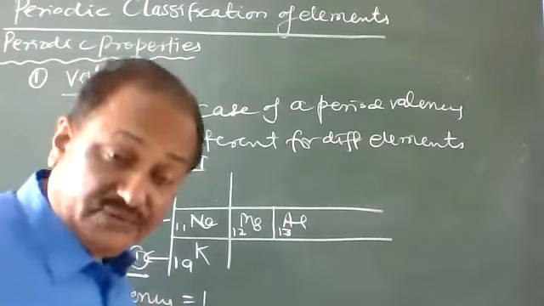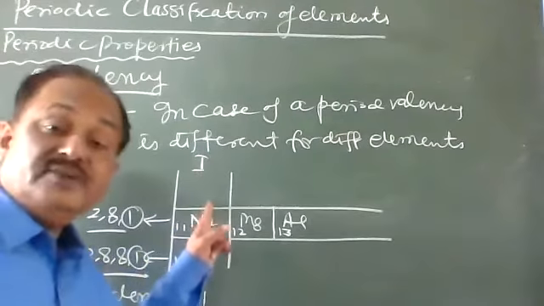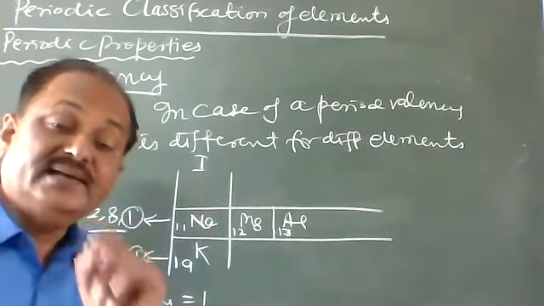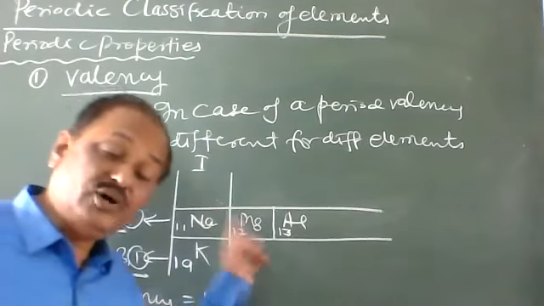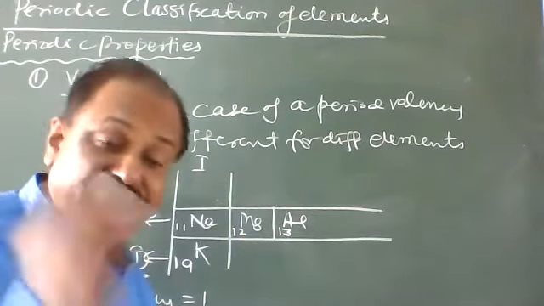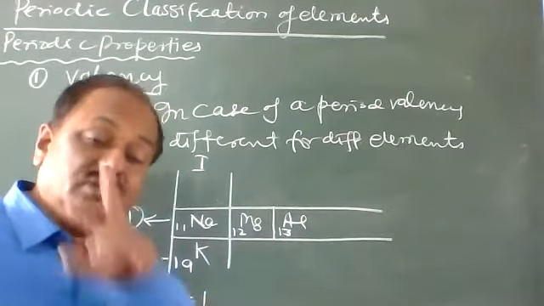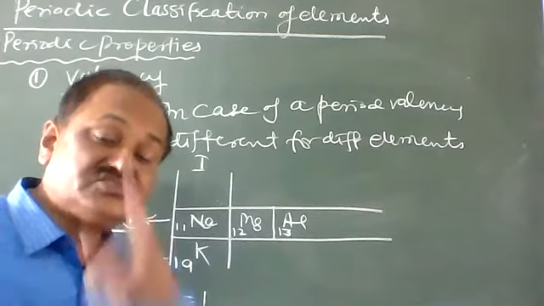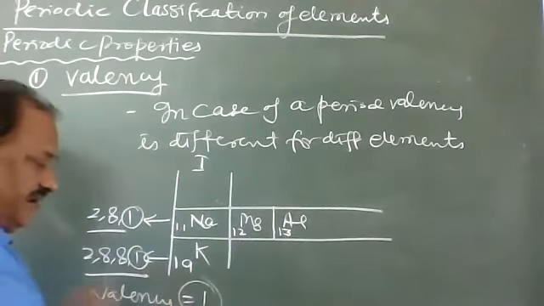So it depends on the number of the group. Groups have been made as per the valency, and it is automatic because the atomic number is a definite quantity for a particular element, and two different elements cannot have the same atomic number. So this is a very important part.